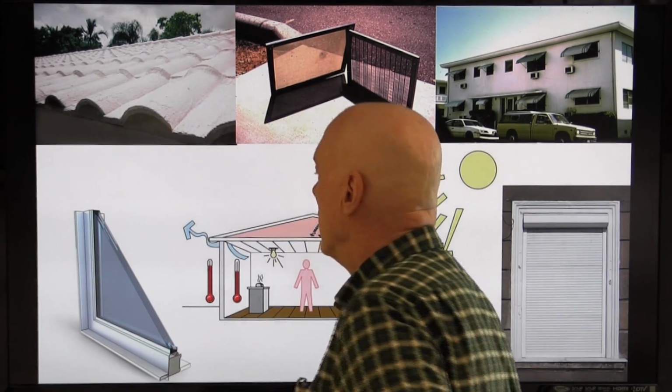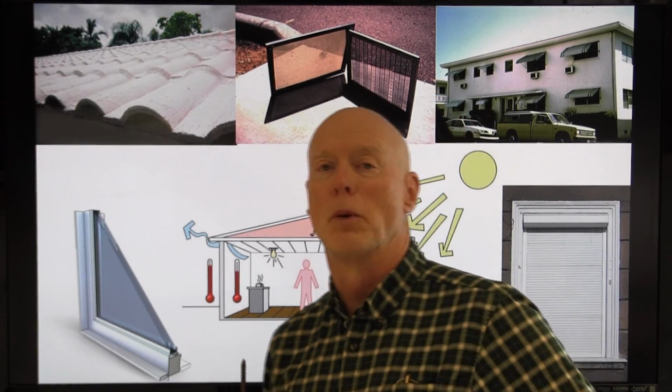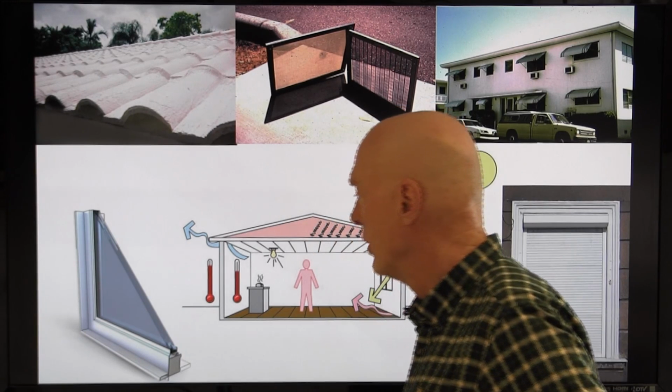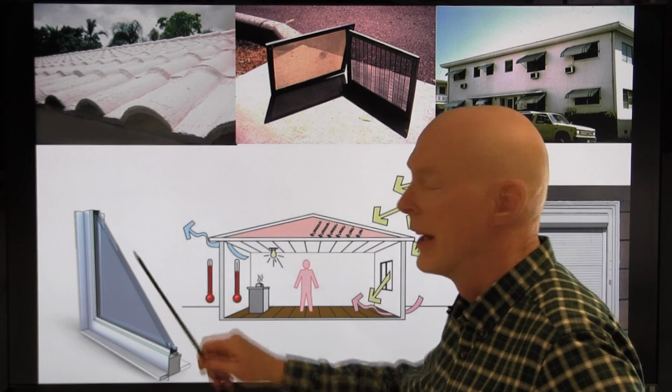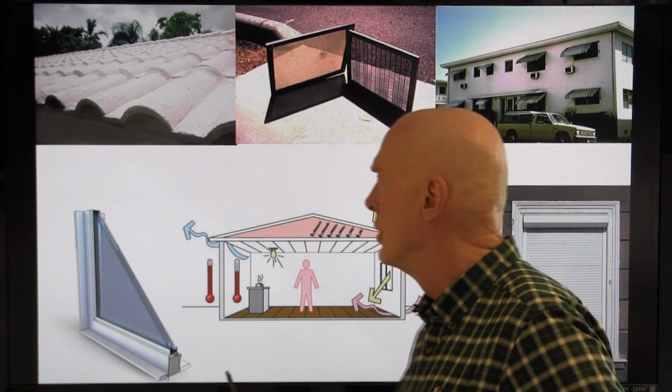So I would also urge you not to listen to people who say that triple pane windows are not cost effective, because in most climates they are cost effective and they have other advantages that you should know about.